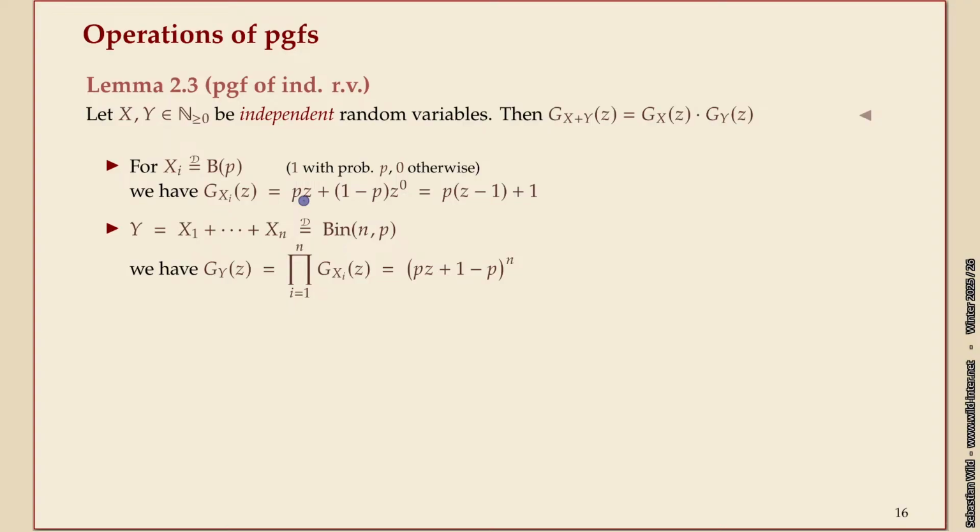P times z for the one case and 1 minus P for the other case. Now, standard binomial distributed variables are the sum of n of these things. And that means independent Bernoulli trials, I should stress. This is not on the slide anywhere. Okay. I guess all need to be mutually independent.